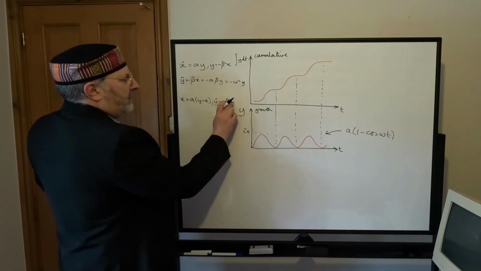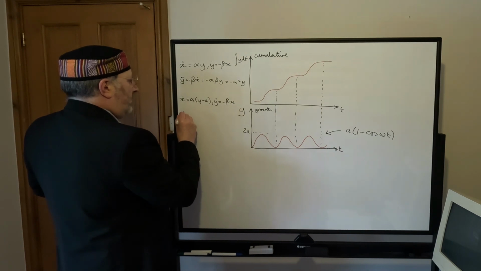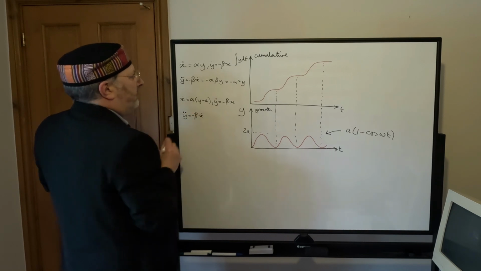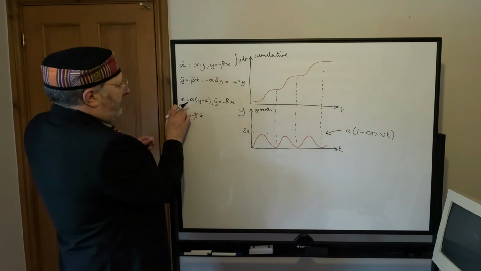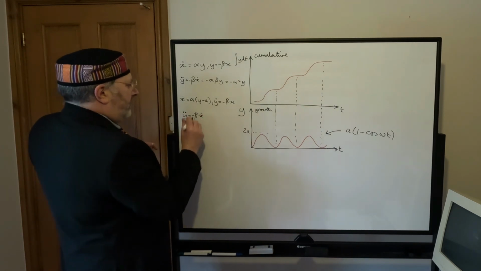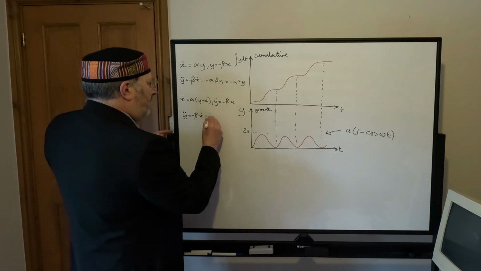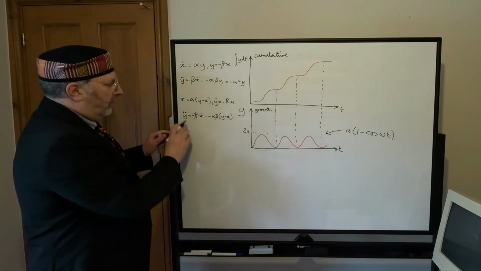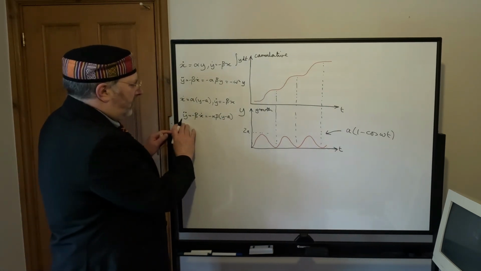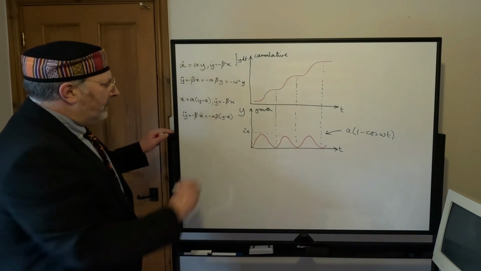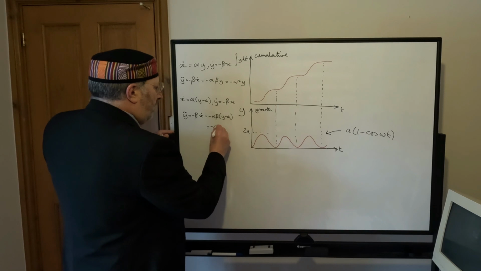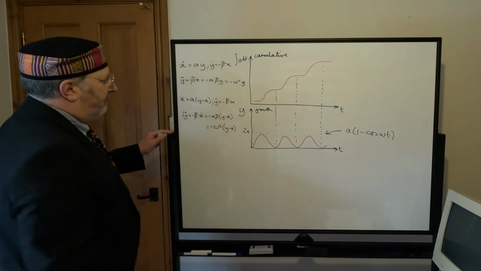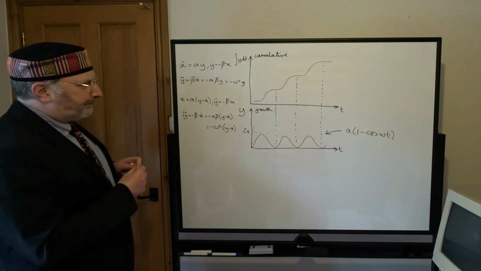We'll just differentiate the y dot again to give y double dot equals minus beta x dot, and then the value for x dot is alpha into y minus a, so this becomes minus alpha beta into y minus a. So we've got an equation for y double dot in terms of y, and we can write that as equal to minus omega squared into y minus a, just redefining alpha beta as omega squared.